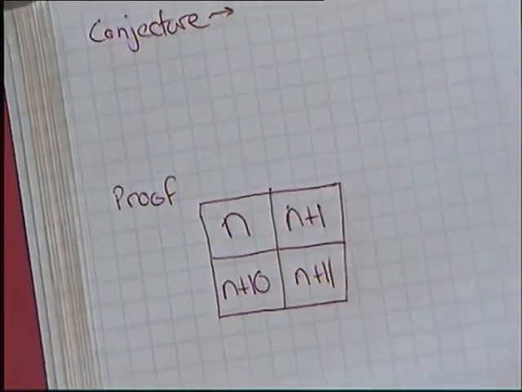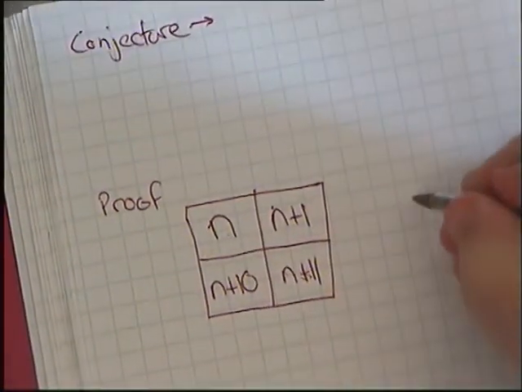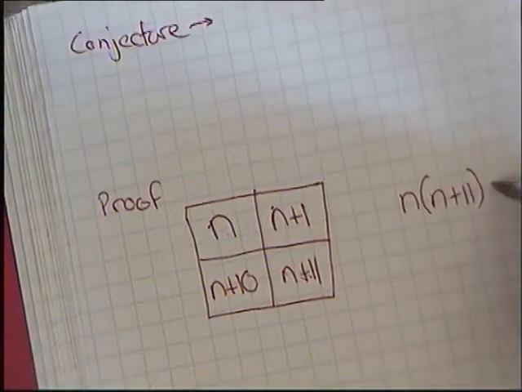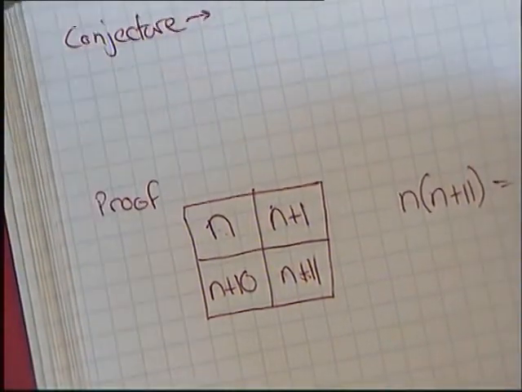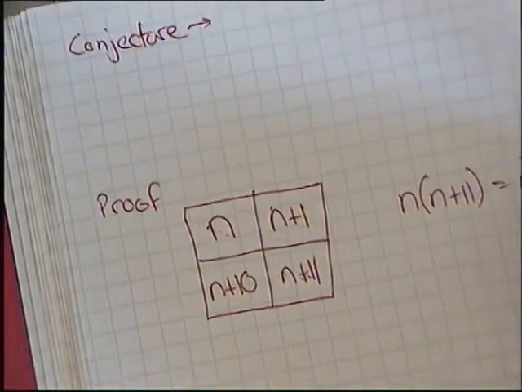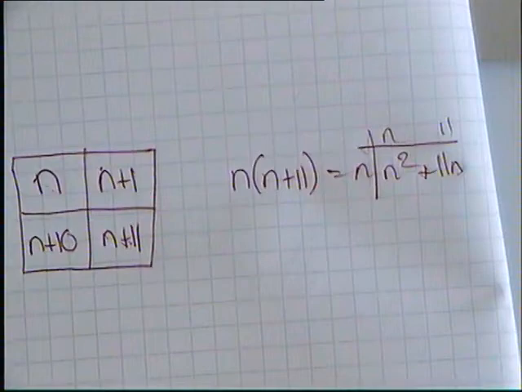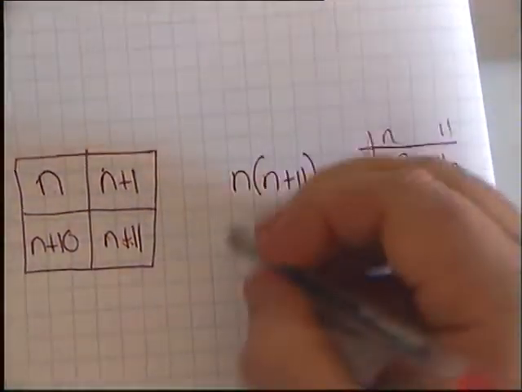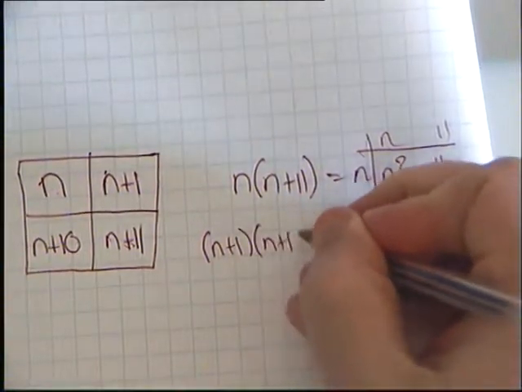Okay. Then we're going to do our diagonal differences by multiplying across. So I'm going to do n times n add 11. And again, I draw a grid for this. N times n add 11 gives you n squared add 11n. I'm then going to multiply these two bits together. So I'm going to work out n add 1 times n add 10.